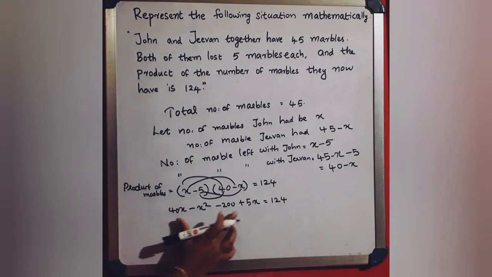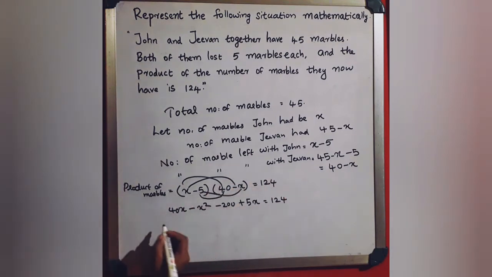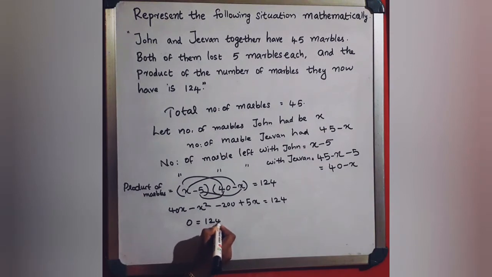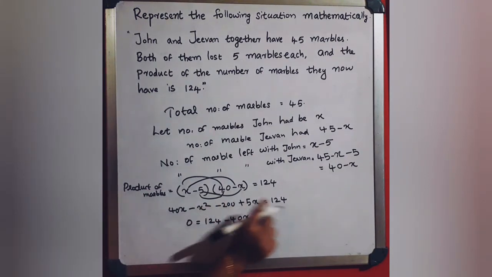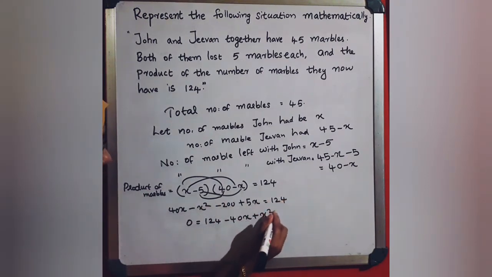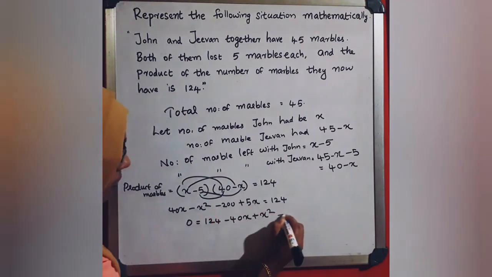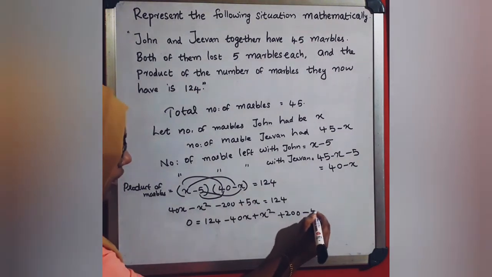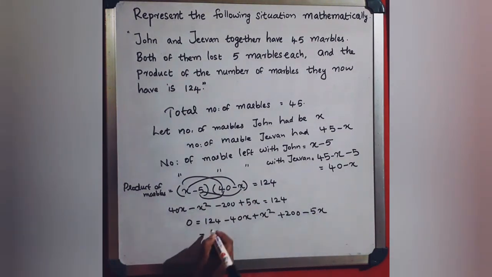Just transfer these terms to the right side. It becomes 0 is equal to 124 plus 40x becomes minus 40x, minus x square becomes plus x square, minus 200 becomes plus 200, plus 5x becomes minus 5x. Write the first term as x square.